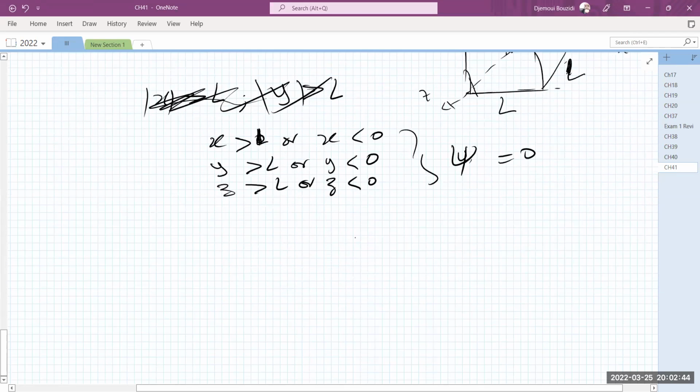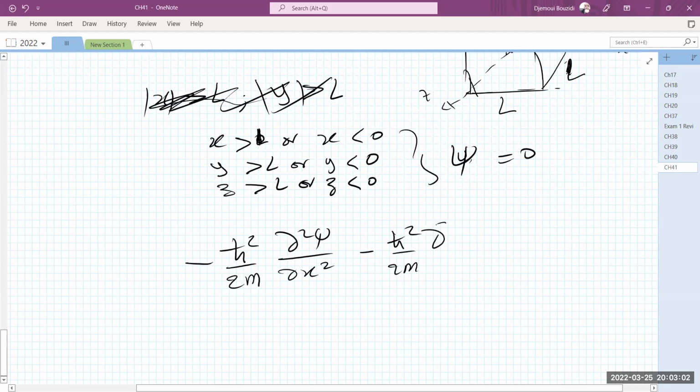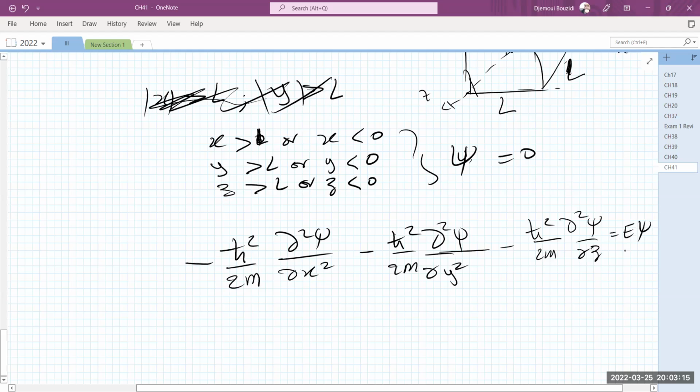It's going to look like minus h bar squared over 2m times the second derivative of psi with respect to x, minus h bar squared over 2m, the second derivative with respect to y of the function psi, minus h bar squared over 2m times the second derivative of psi with respect to z is simply E psi.